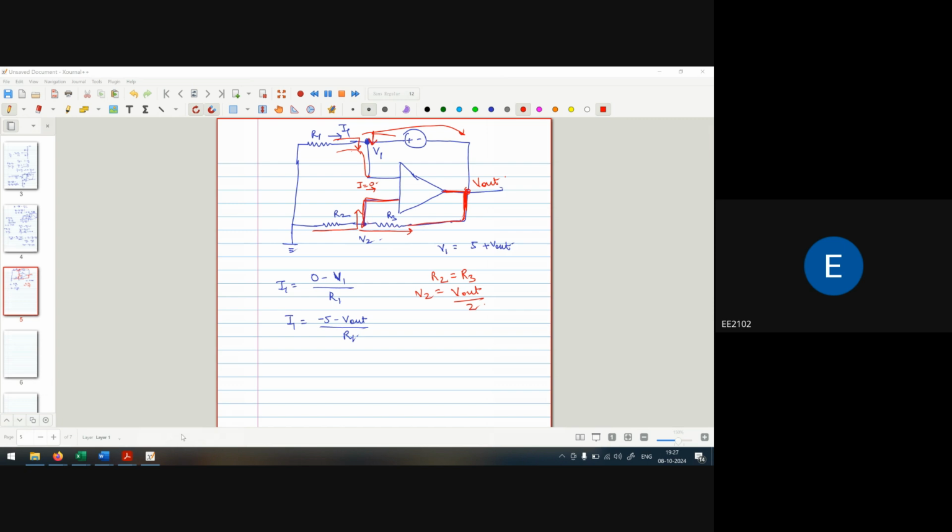Give me 1 second. How do I solve this one? And I do one thing here.